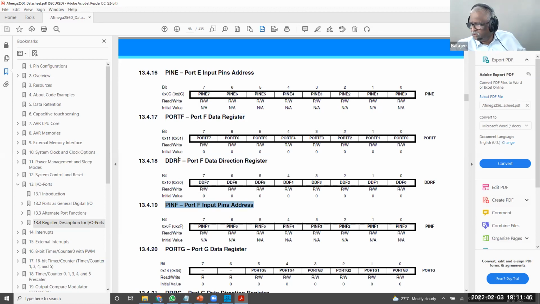And direction is 30. And input is 2F. Understand that? You understand now? So that's the way it works.